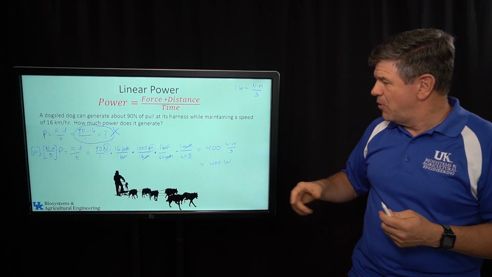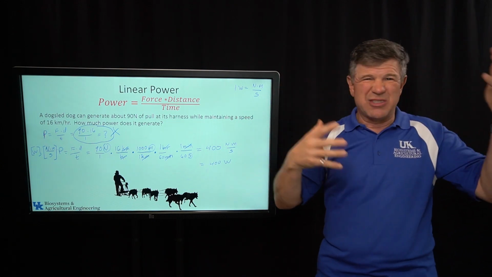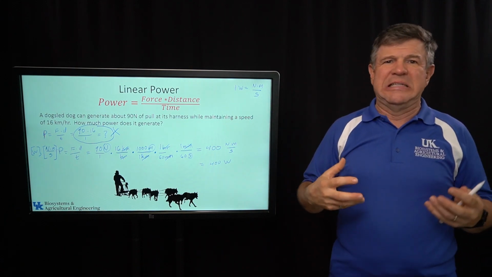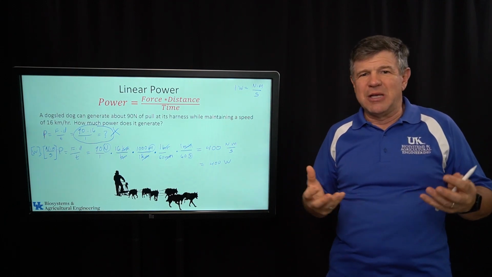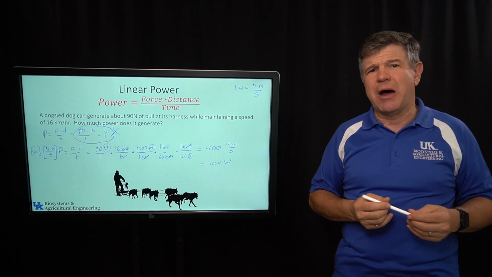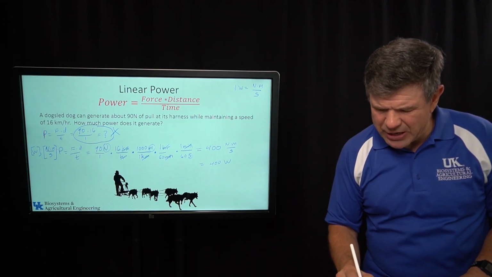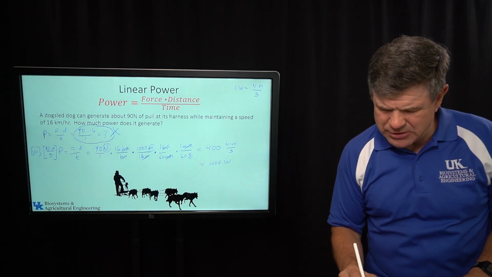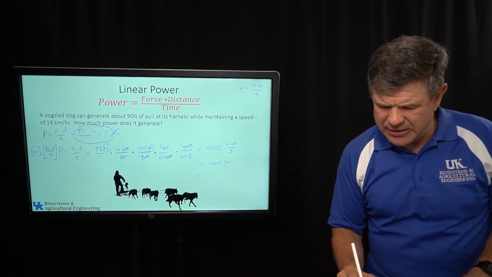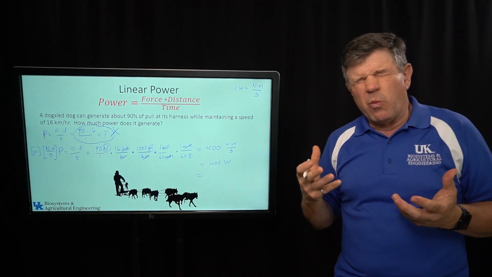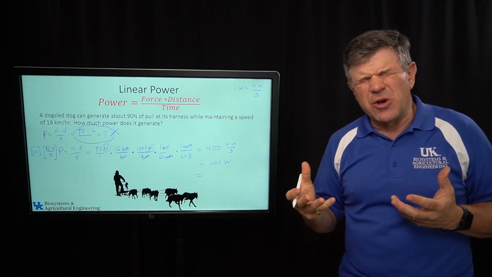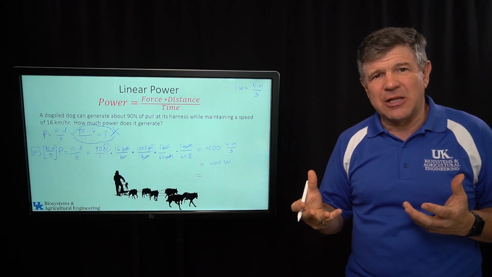So now I'll do one more thing. 400 watts, to a lot of us that grew up in the U.S., we don't understand watts. Maybe it doesn't make a whole lot of sense to us. So how many horsepower is that? Well, let's convert it. So this is 400 watts. We can also say this is in kilowatts. There's 1,000 watts in a kilowatt.